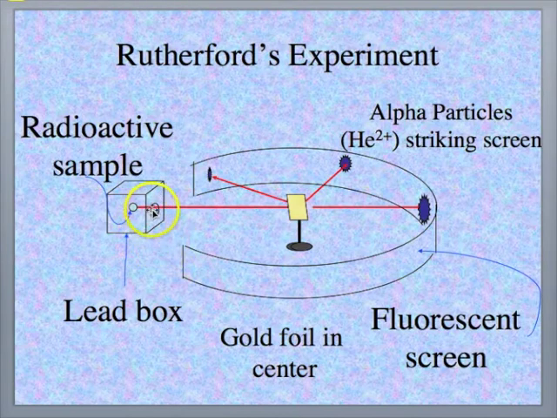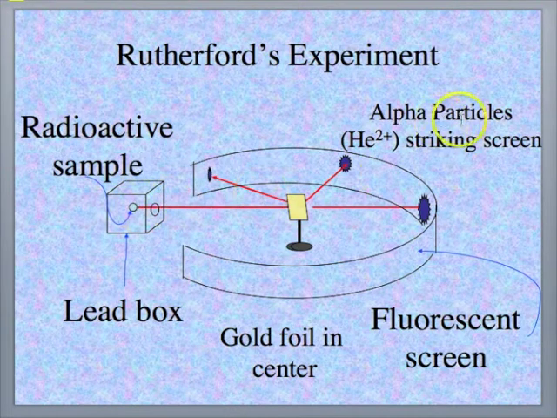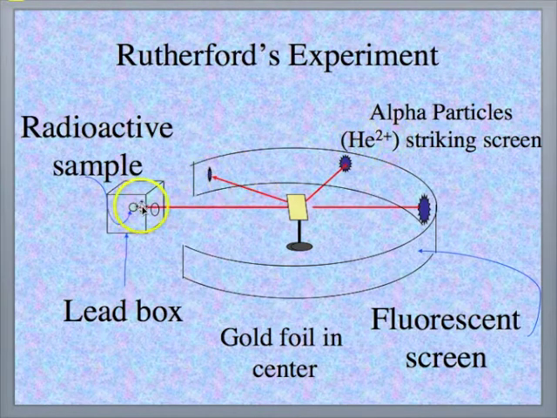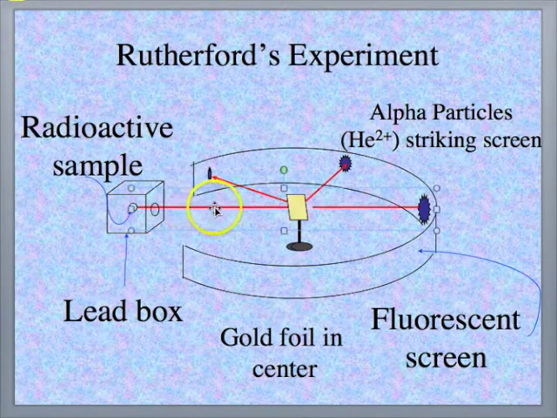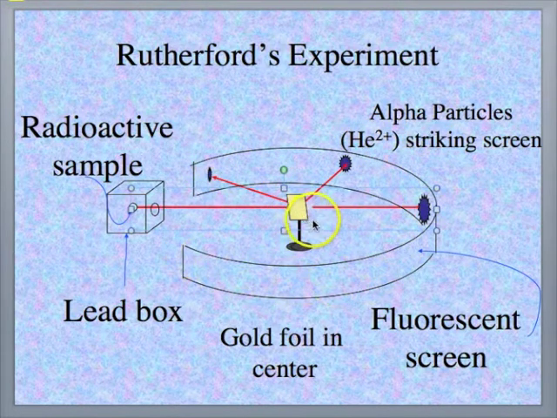What Rutherford did is to take a radioactive source that emitted alpha particles, that is, helium atoms stripped of their electrons, helium plus 2. So these bullets of helium nuclei were shot from the box toward a gold foil. Now, wrapped around the area around the gold foil was a fluorescent screen.